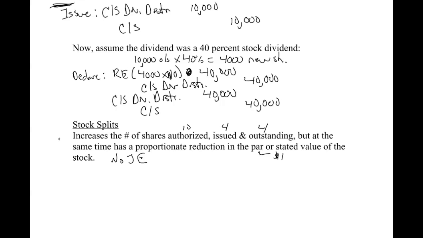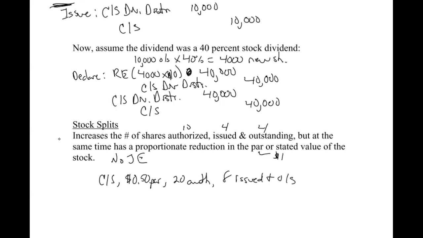The way this will work, if we had 10 authorized, when you wrote out your common stock, instead of $1 par, we have 4 issued and outstanding and 10 authorized. If we doubled that, it would now be 50-cent par value, and we would have 20 authorized and 8 issued and outstanding.